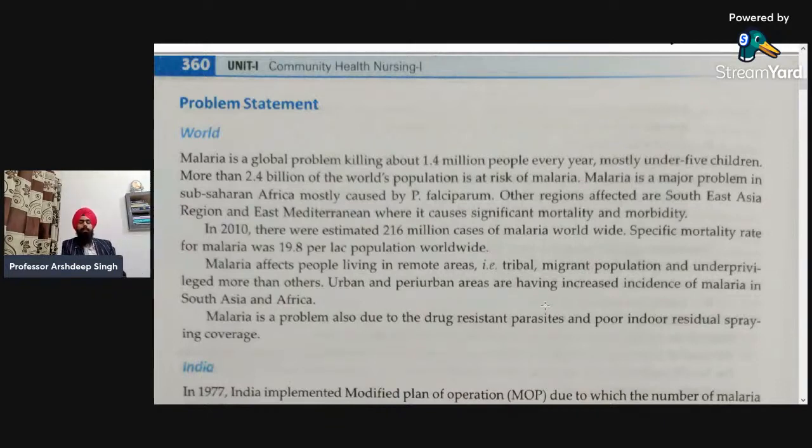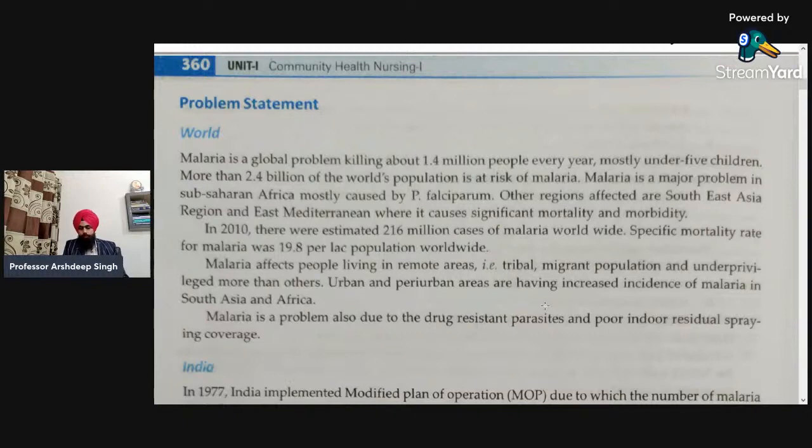So globally, about 1.4 million, that is near about 10 lakh 40,000 people every year, are killed by this disease, mostly children under 5, and more than 2.4 billion of the world's population is at risk of malaria. That is a huge population at risk. That is the reason why this disease is regarded as one of the major health problems of India as well as of the world.